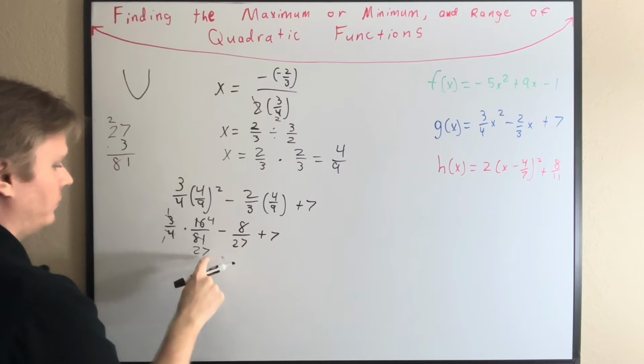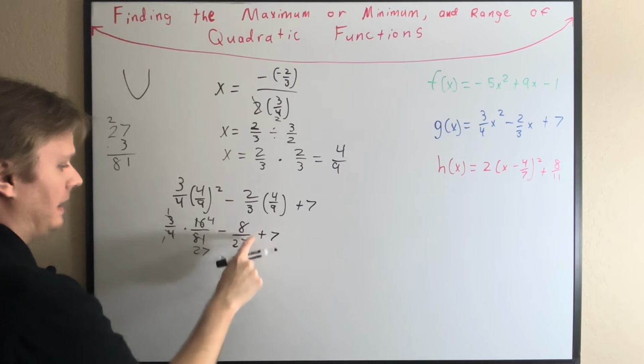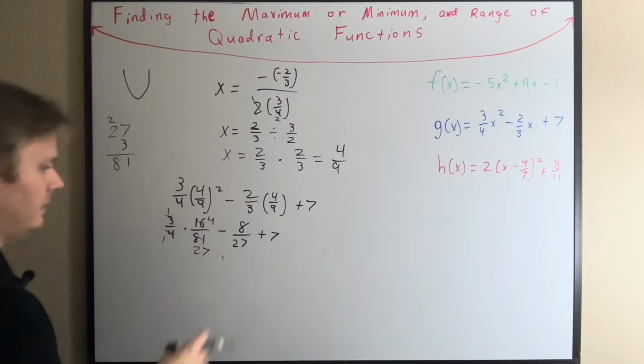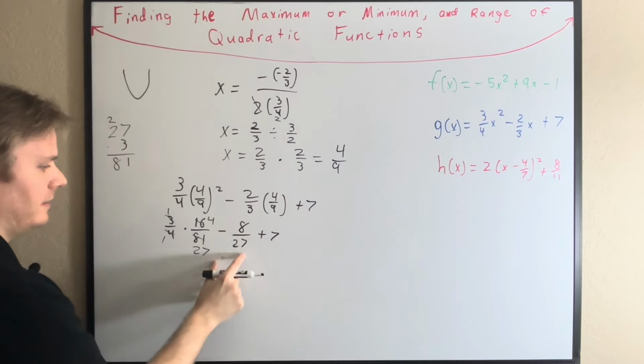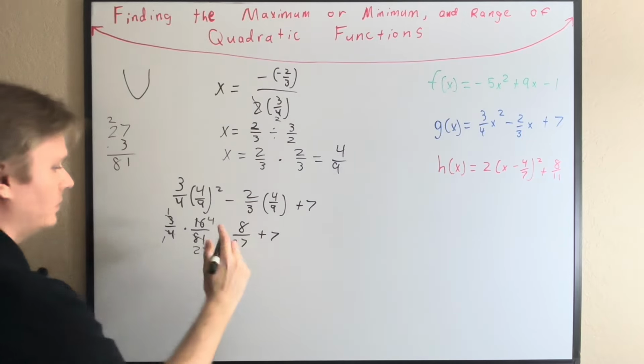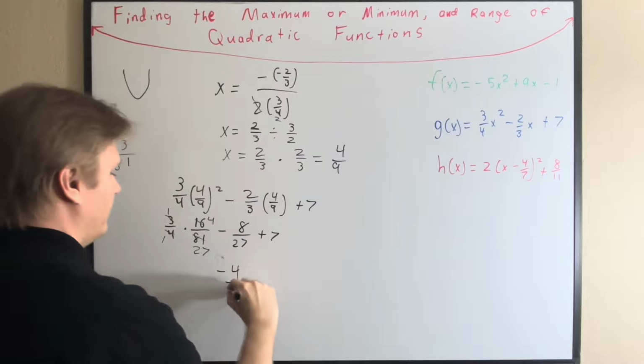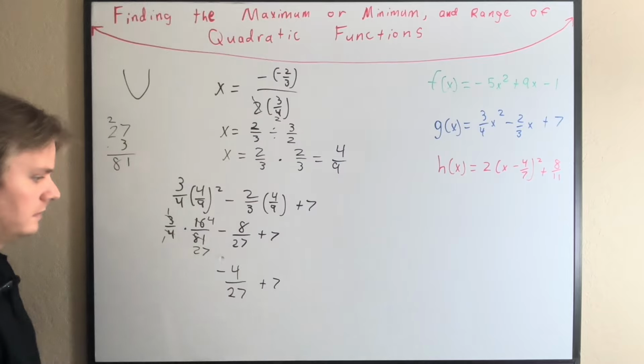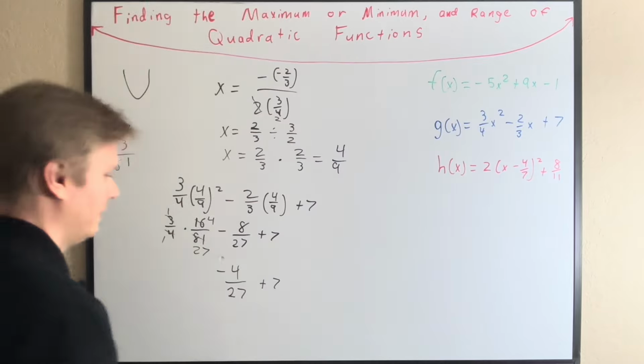So we're left with 4 over 27 minus 8 over 27. Wow. That worked out nicely. We got common denominators there. So we're left with negative 4 over 27. See what happened there? Okay.